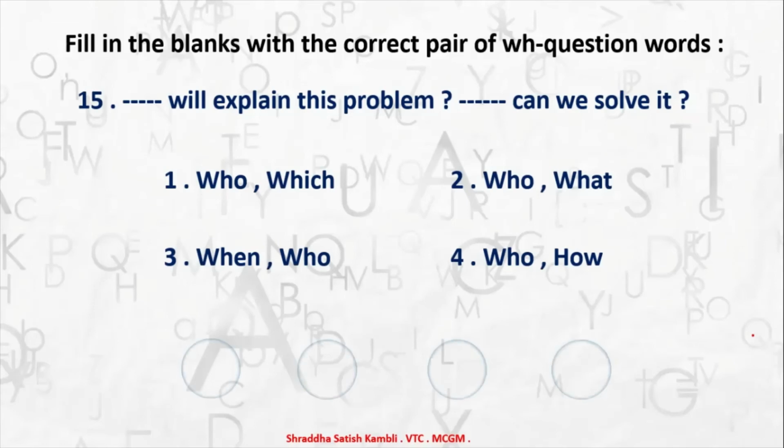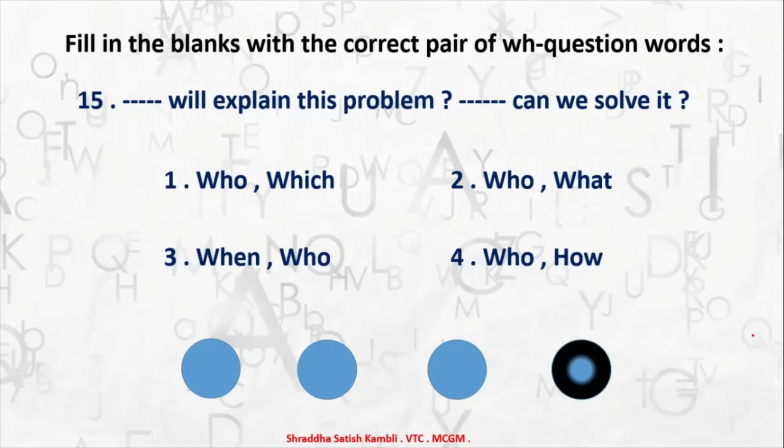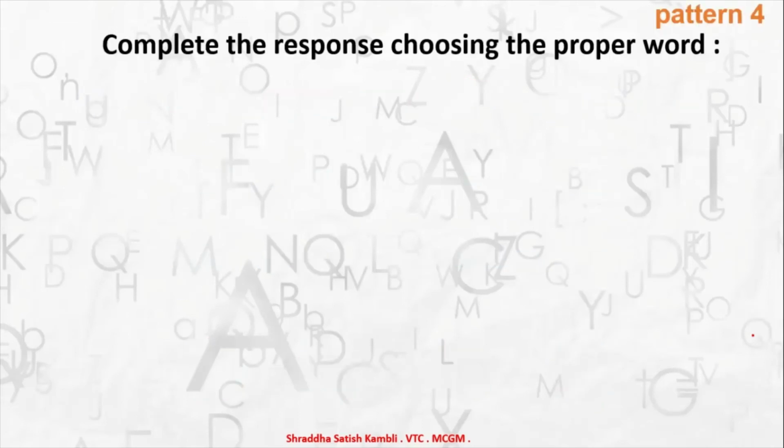So what do you think is the right answer? Yes, the right answer is the fourth one. Who will explain this problem? How can we solve it? Okay, so this was pattern 3 for you children. Let's go to the last pattern, pattern 4, where you complete the response choosing the proper word.